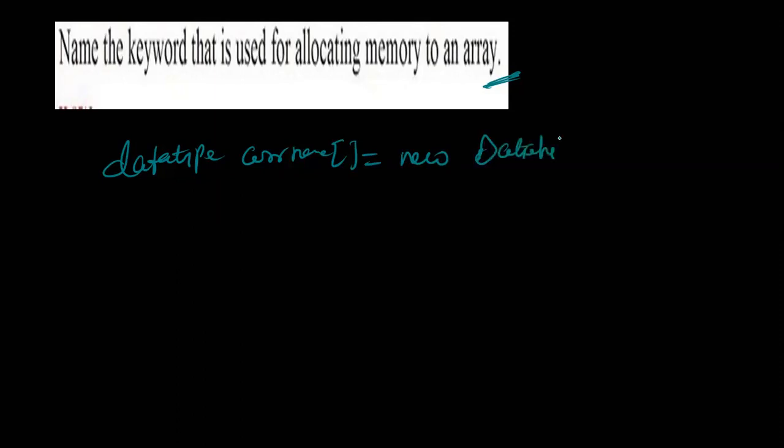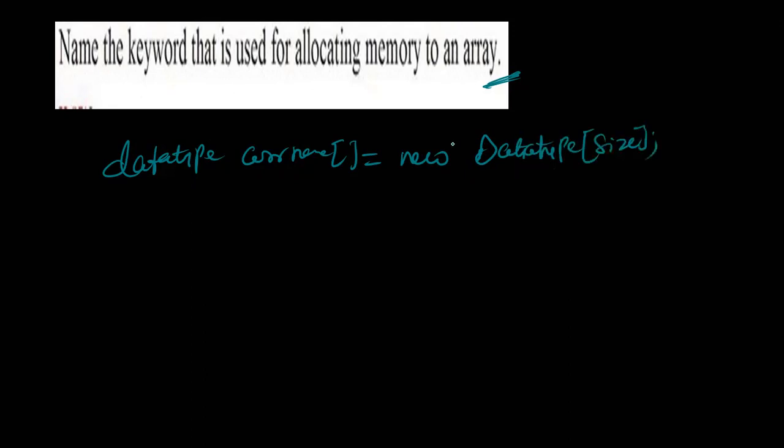Next, name the keyword that is used for allocating memory to an array. What is the keyword that allocates memory to an array? Already yesterday I said. What is the syntax of creating an array? Data type, array name, indices is equal to new data type, here size.